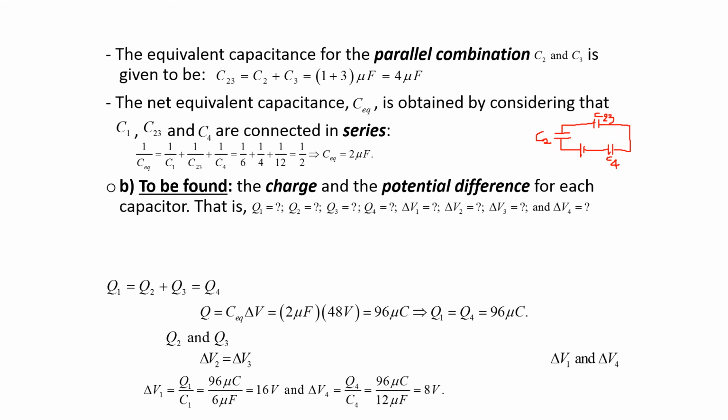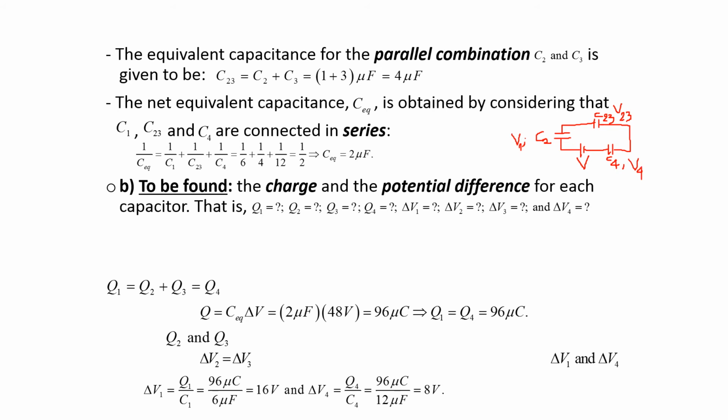In series connection, the voltage, meaning the potential difference across the terminals of the battery V, is equal to the voltage across the first capacitor plus the voltage across capacitor 23 plus the voltage across the fourth capacitor.